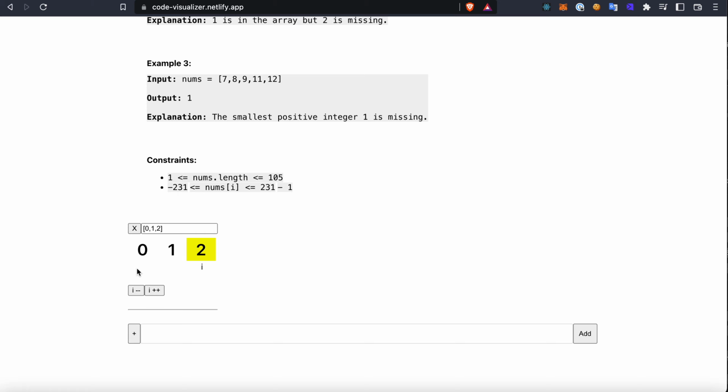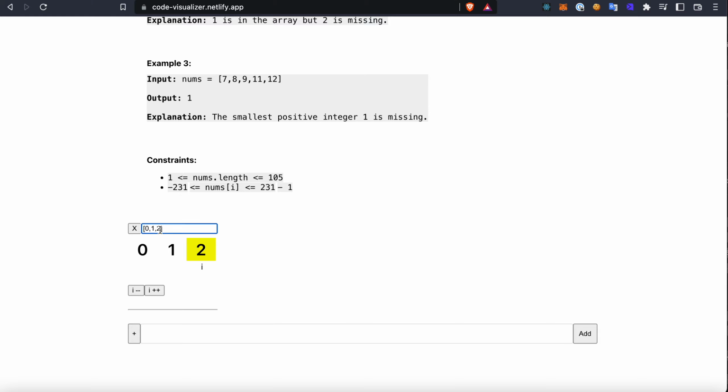Just implement cyclic sort, but do 1 indexing, meaning that 1 will actually go at index 0, 2 will actually go at index 1, and 0 we can just ignore, all these numbers. As long as we have 1s and 2s contiguous from 1 forward, we should be able to create a correct rendition of all the positive numbers starting at 1, and then based on that info we should be able to say which one is missing, because that's the end goal. We just want to know what's the missing positive integer.